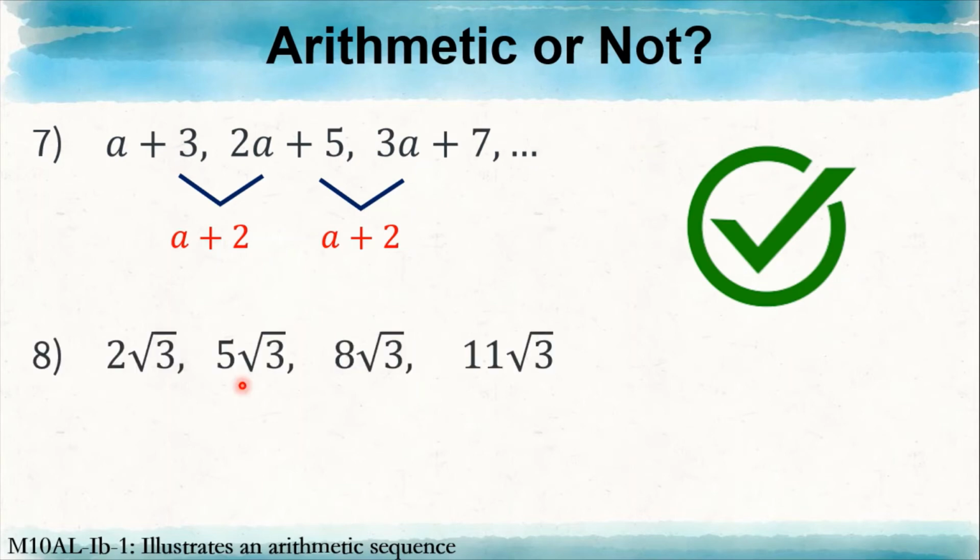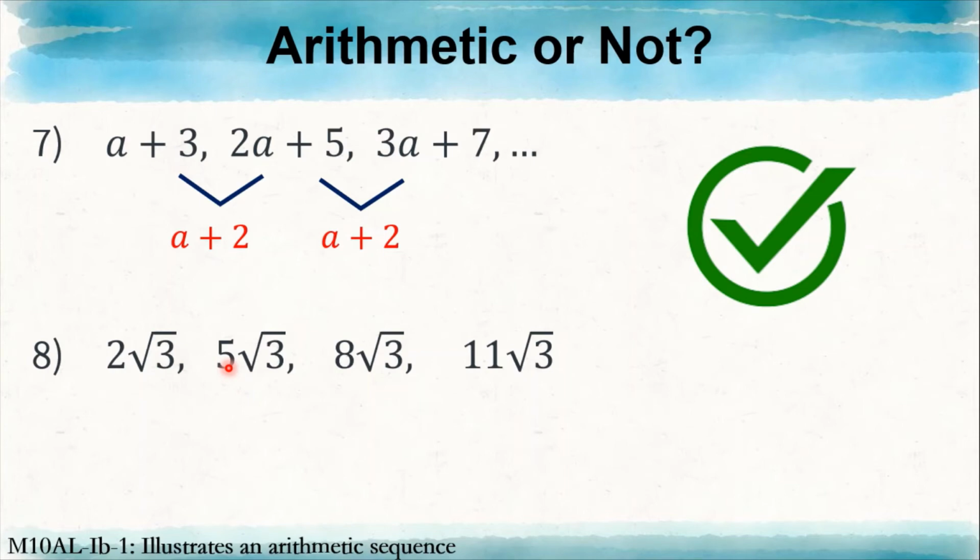Let's have next example. 2 square root of 3, 5 square root of 3, 8 square root of 3, 11 square root of 3. Let us first find the difference between these two terms. Second term minus first term. So we can only add and subtract radical expressions pag pareho sila ng index and pareho ng radicand. Okay, since ang index natin ay 2, kasi puro square root sila, at pare-pareho yung radicand or number inside the radical sign, then pwede na nating kunin ang mga difference nila.